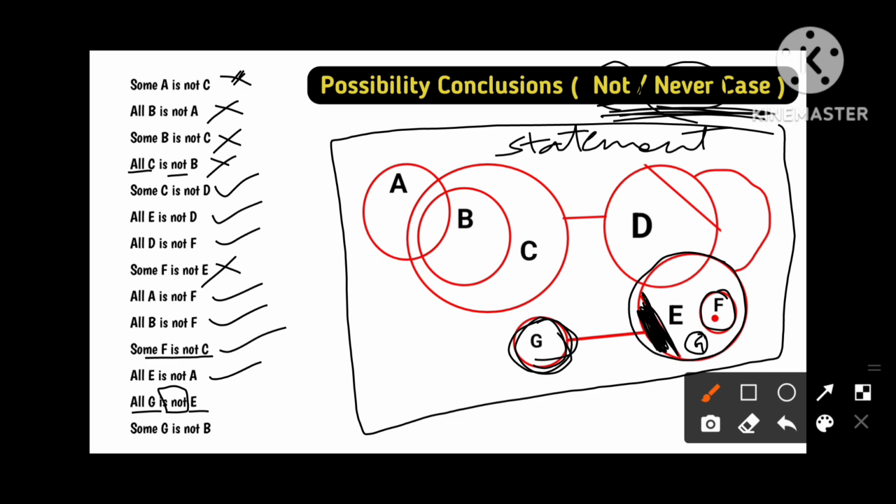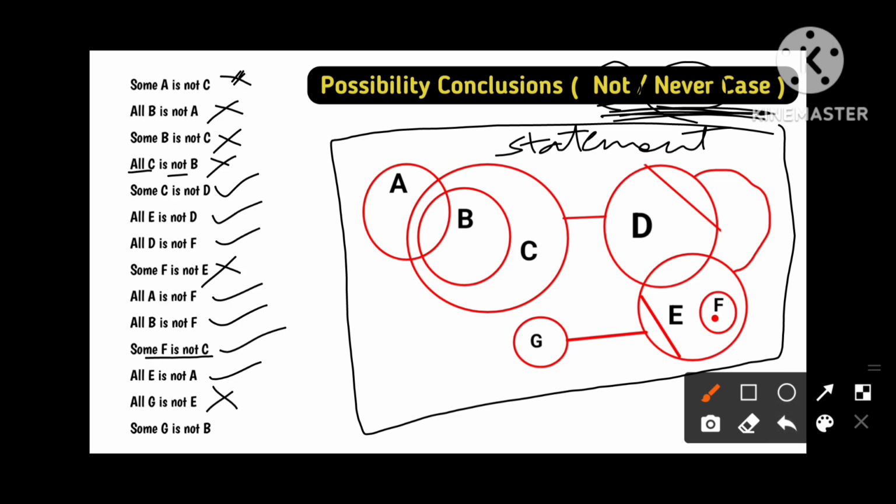So we can draw a possible diagram of G inside E. So all G is E is possible. All case possible means the not case will be false.